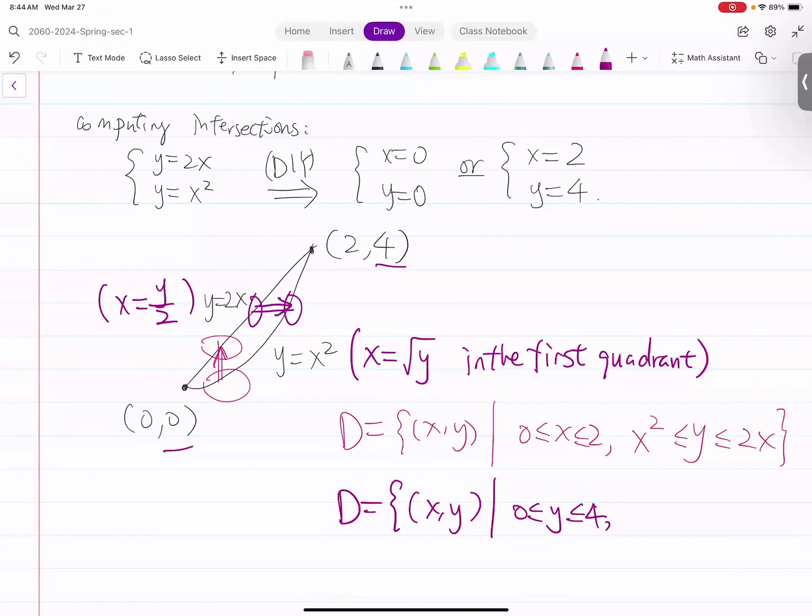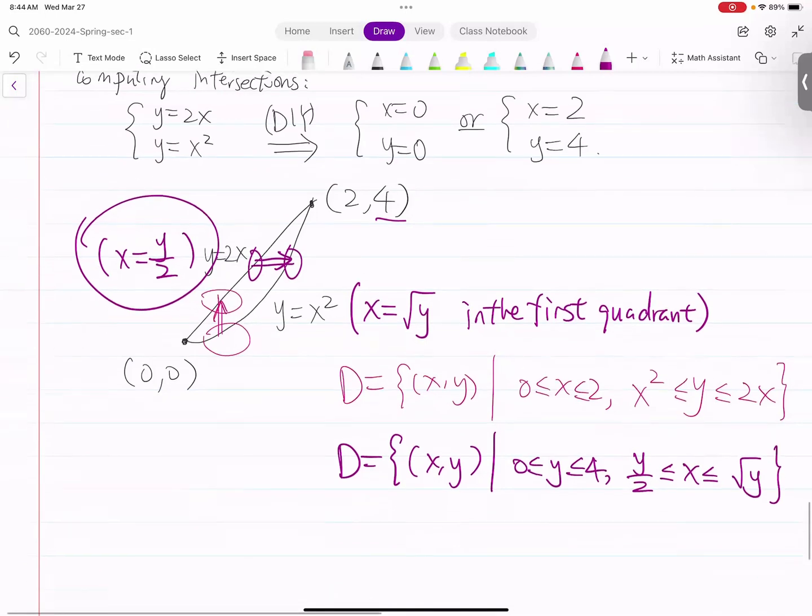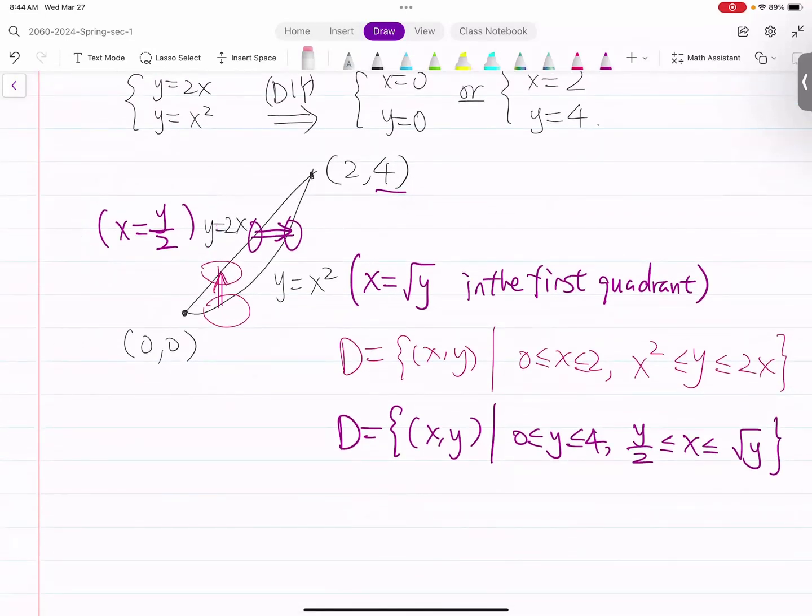And then here, the left-hand point and the right-hand point of the bar is, x is between y over 2 and the square root of y. So the left-hand point is this one. The right-hand point is the square root of y. Any questions so far?